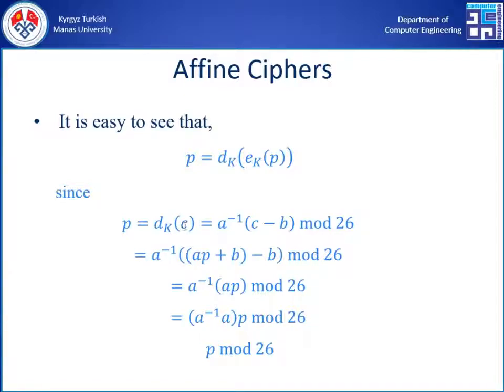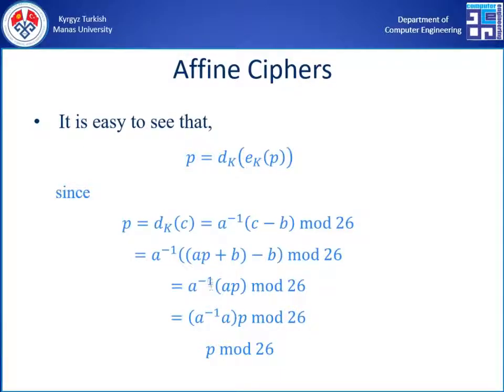If we substitute this C, in our decryption algorithm, by the value of the ciphertext, we will obtain this type of expression. So the B's are cancelled. We are left with A to the power minus 1 multiplied by A and multiplied by the plaintext.